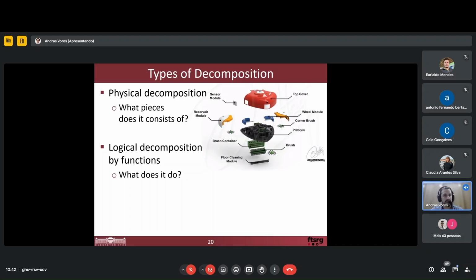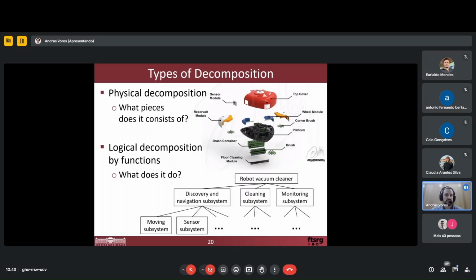If you have functionalities, then you use logical decomposition, and then you want to answer the question, what does it do? So it's around doing, it's around functionalities.